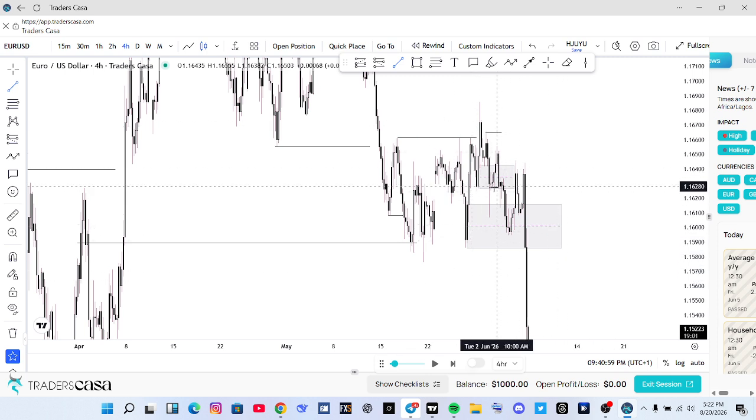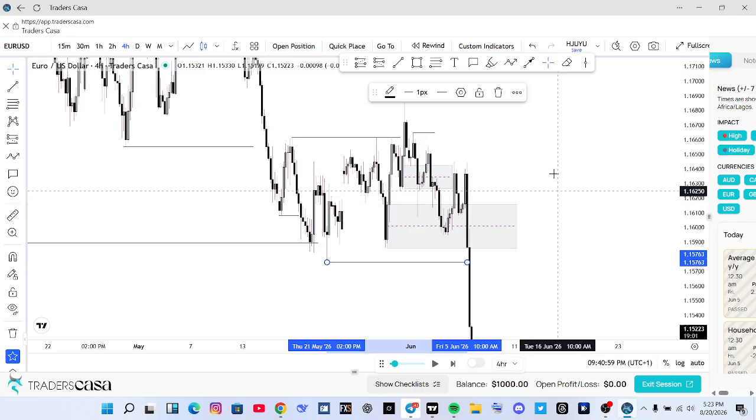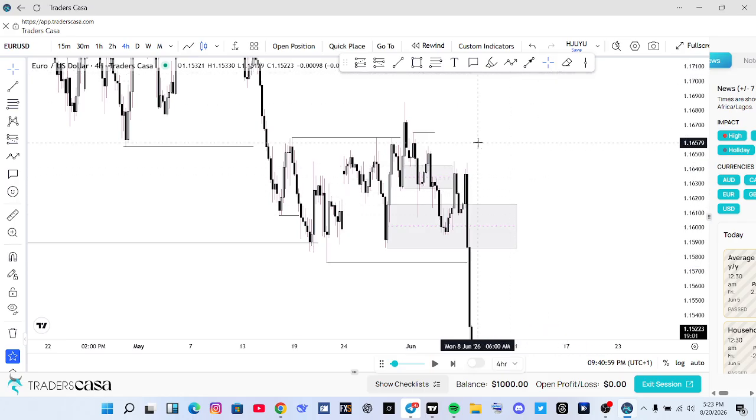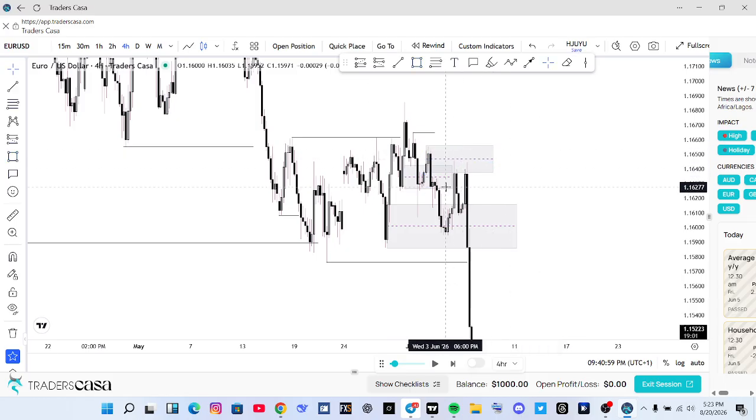I'm just thinking this particular place just seems so familiar. I believe I took a buy from here and price took me out, or I took a sell. I've forgotten. So we're focusing on buys. That was why we didn't see this sell. When price came and reacted from here, price went back.